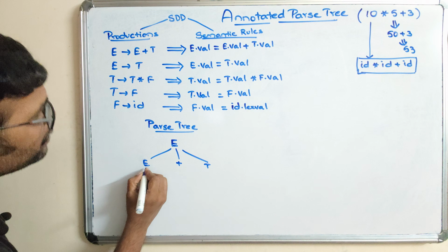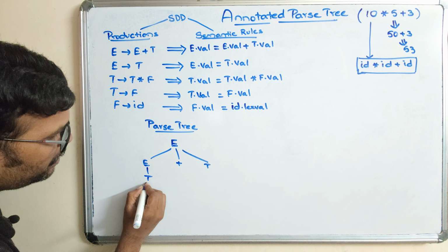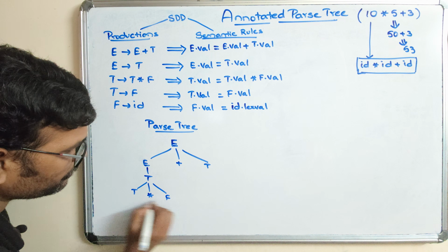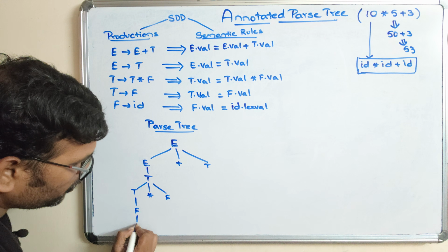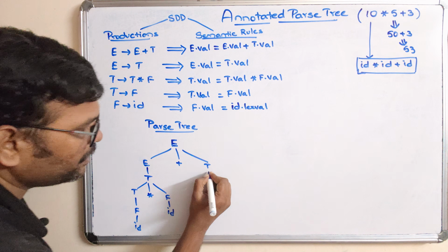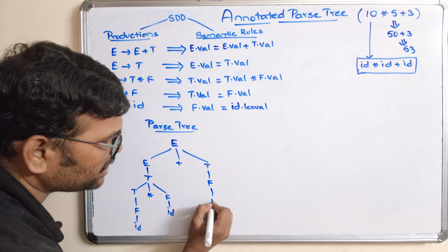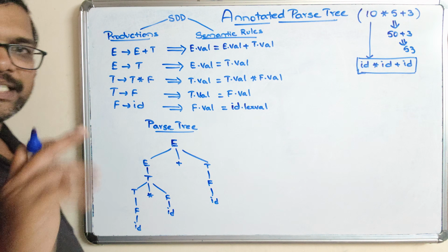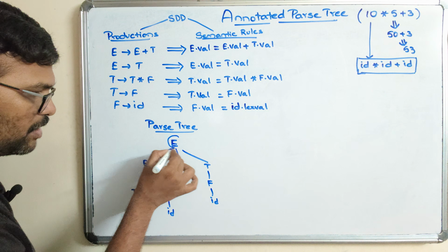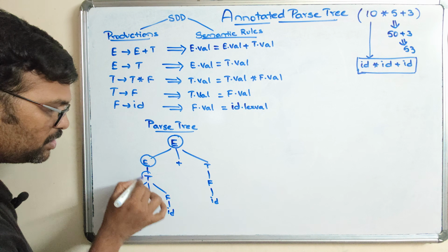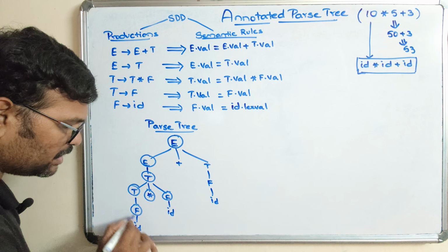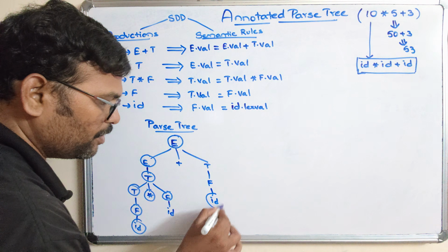So E can be changed to T, which can be further expanded with T * F, and T can be expanded with F, which is an id, and F, which is an id, and T to F, which is an id. So this is the parse tree for the given string. You can observe these are all internal nodes, and all the leaf nodes are the terminals.